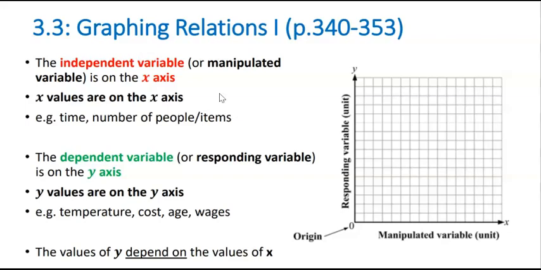How long people live in a country might be influenced by the type of food they eat, for example. So those types of variables would be on the y. So they depend on x. And remember, right in the corner where x and y meet, that is your point of origin.